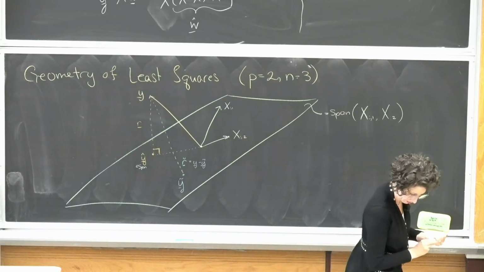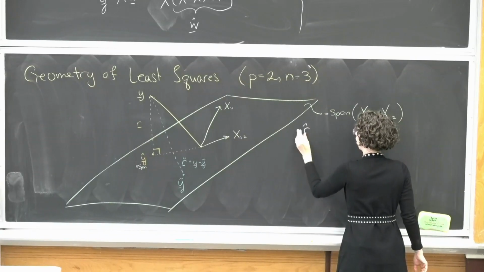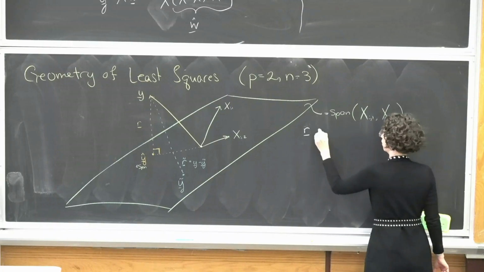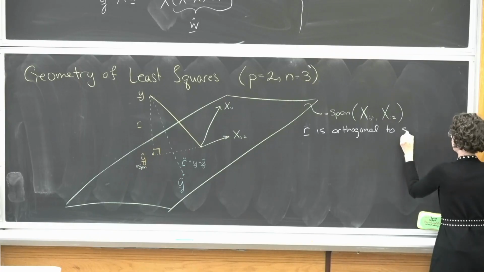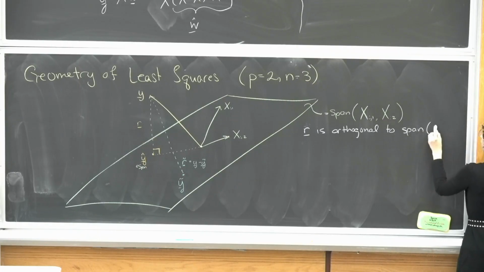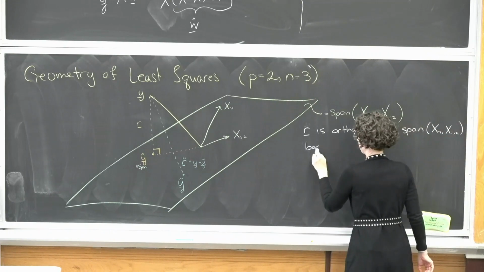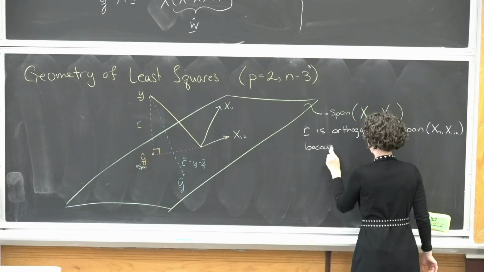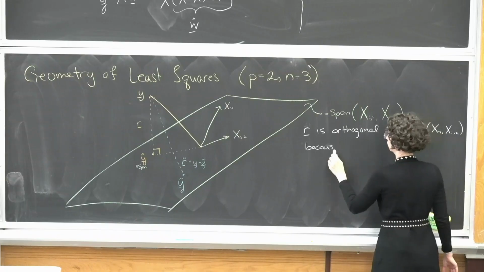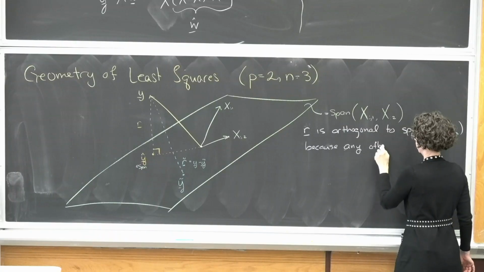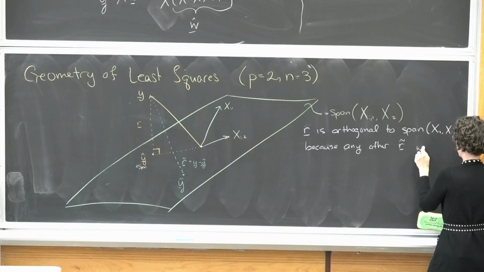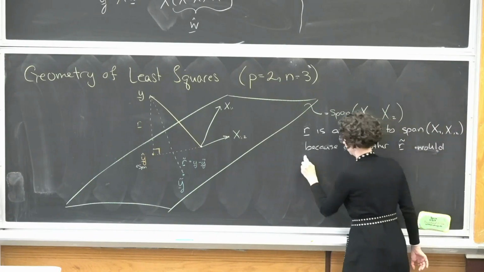So in particular, our residual vector is orthogonal to this span of x colon 1 and x colon 2, because any other r tilde would have longer length.